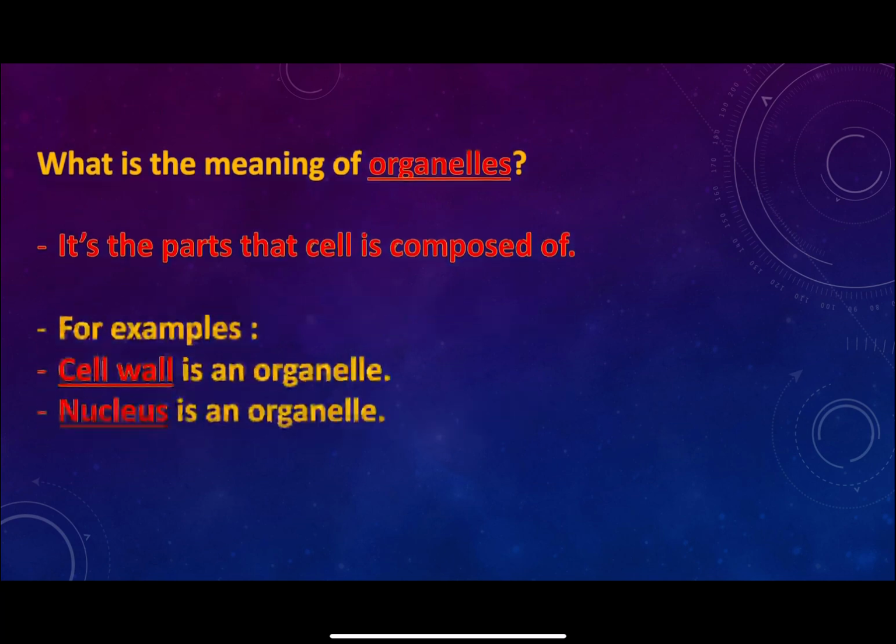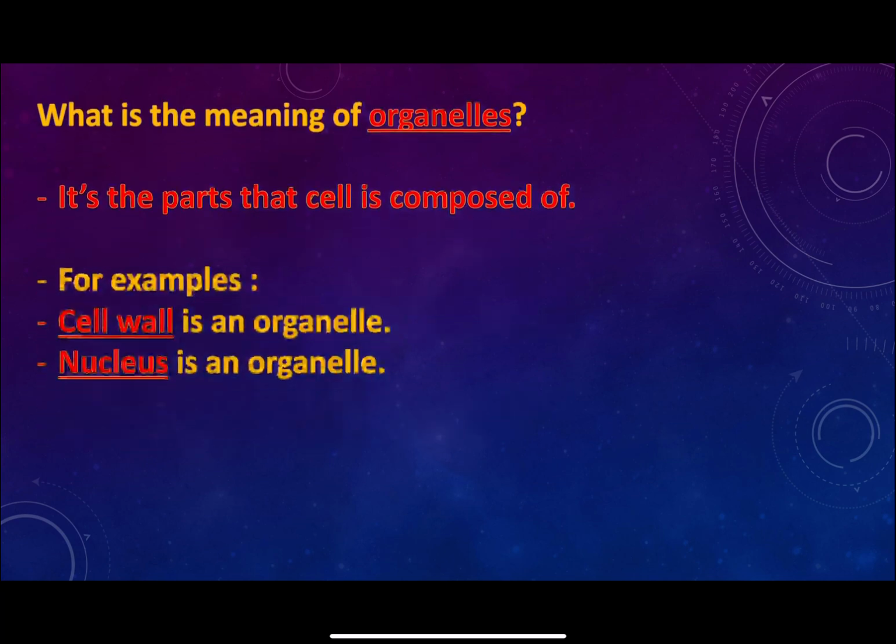Now, we will describe the functions of each organelle in plant and animal cells. But what is the meaning of organelles? Organelles are the parts that the cell is composed of.